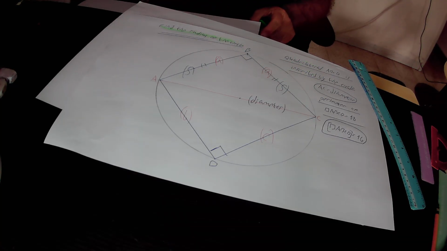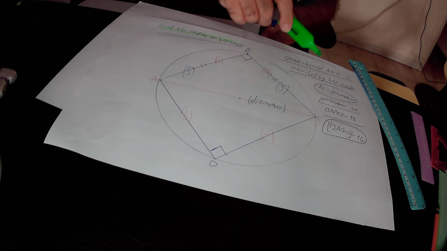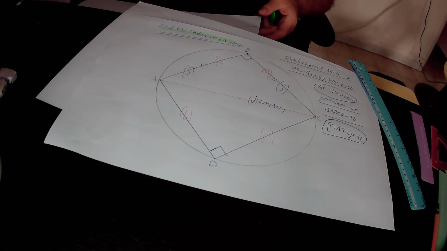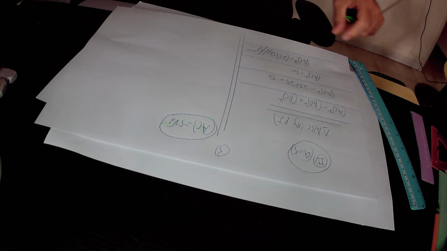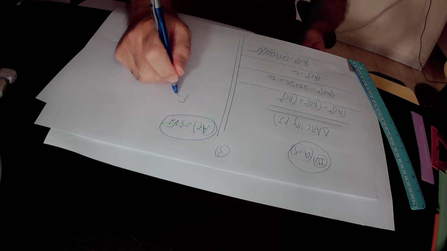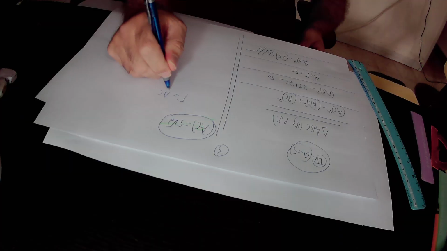AC is the hypotenuse of both right triangles, but AC is also the diameter of the circle. So we know that the diameter of the circle AC equals 5 times the square root of 2. And therefore, the radius that we are looking for in this question, we denote the radius as R, must be equal to the diameter AC over 2.